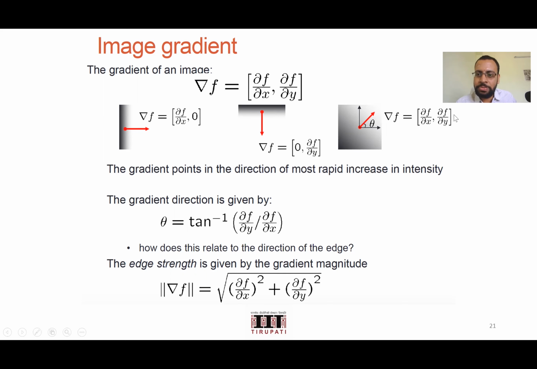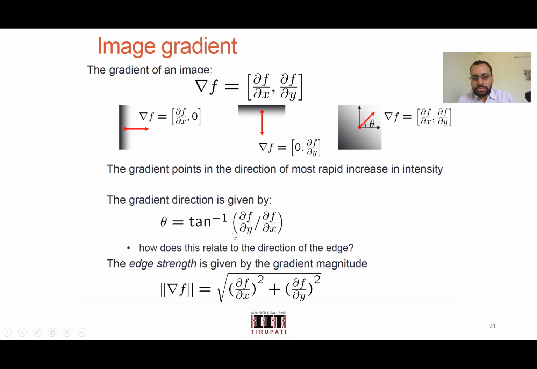That means you have ∂f/∂x and ∂f/∂y. But again, be clear that this direction is still perpendicular to the edge; that relation would remain the same. Once you know the angle of the gradient, you can always tell the angle of your edge. That is given by tan inverse of ∂f/∂y divided by ∂f/∂x.